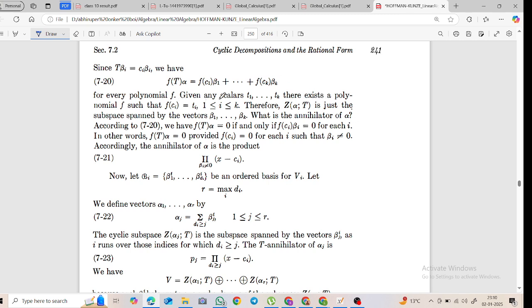For every polynomial, given any scalars, there exist polynomials f such that f(c_i) is the given scalar. So what they are doing is picking up one characteristic vector from each of the characteristic subspaces. That is your Z(alpha).